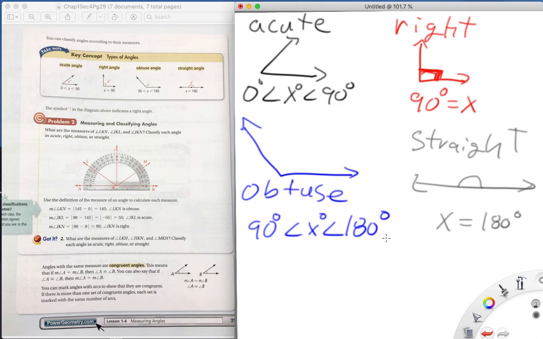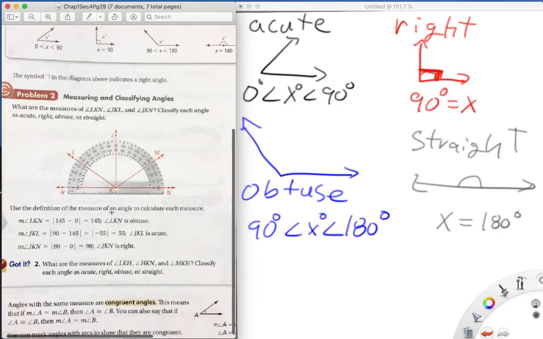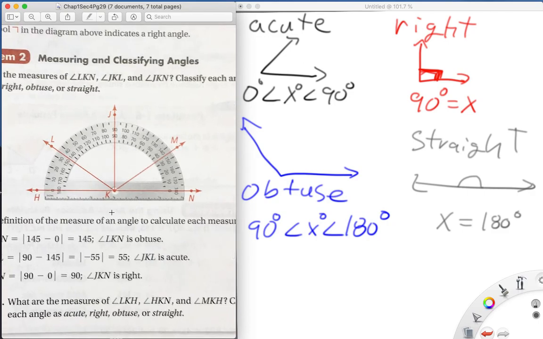Okay, so if we were to use this protractor, it asks me what is the measurement of LKH. So this is LKH to the left. Since it's using ray HK, I'm going to start with 0 right here.